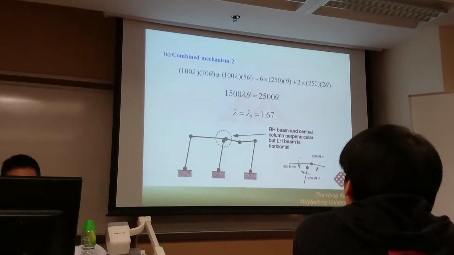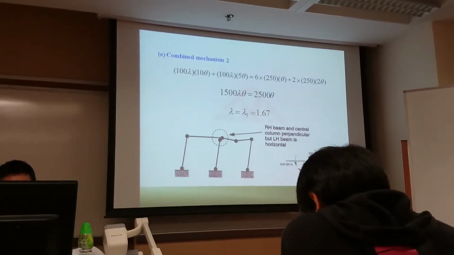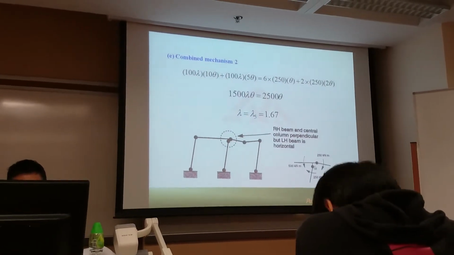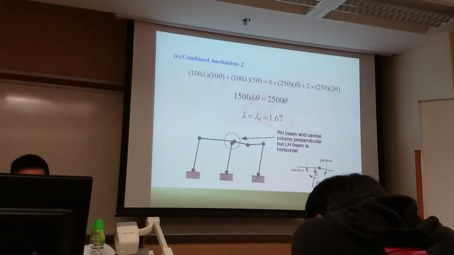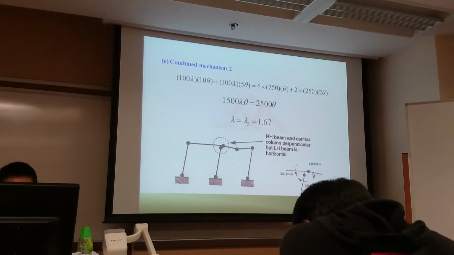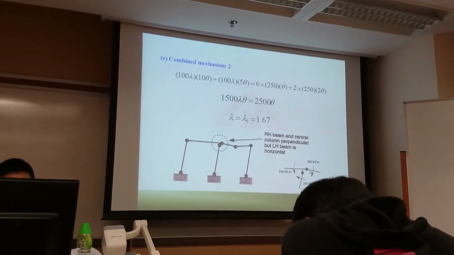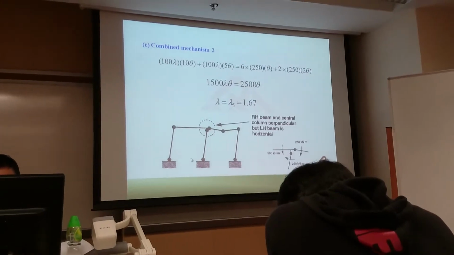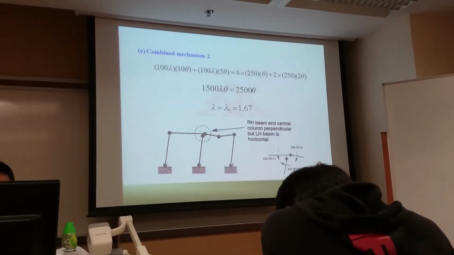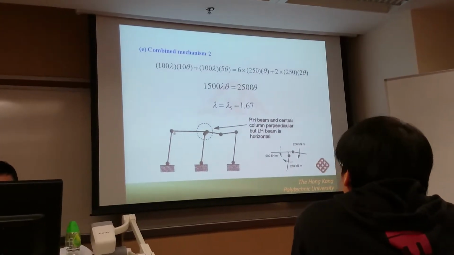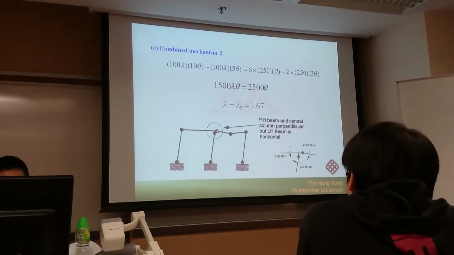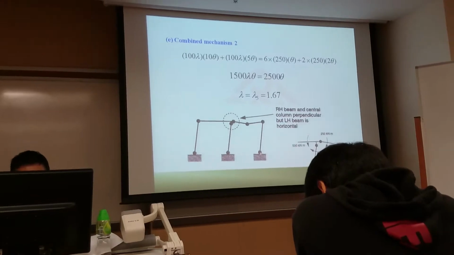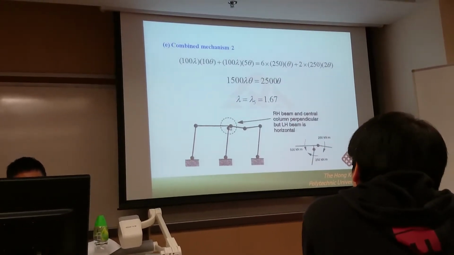In combined mechanism 2, again we assume 2 plus hinges. One is at the column, the other one is at the right beam. So for the locations here, here, and here, as well as this point, this point, and this point, for the 6 plus hinges the rotation angle is equal to 1 theta.